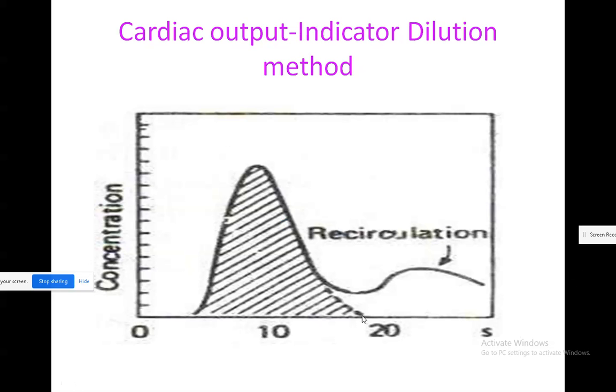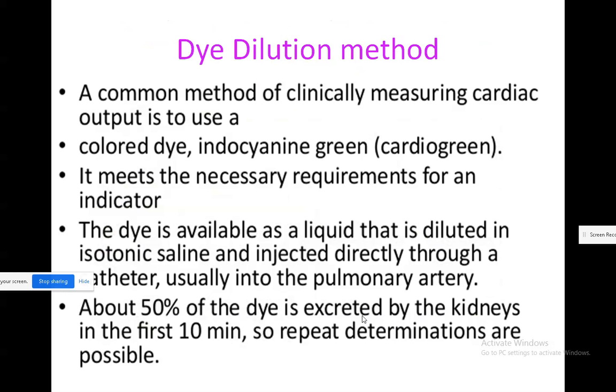Parallel means that, similar to your blood flow, your indicator also flows along with the blood. Parallel means completely diluted with the blood.